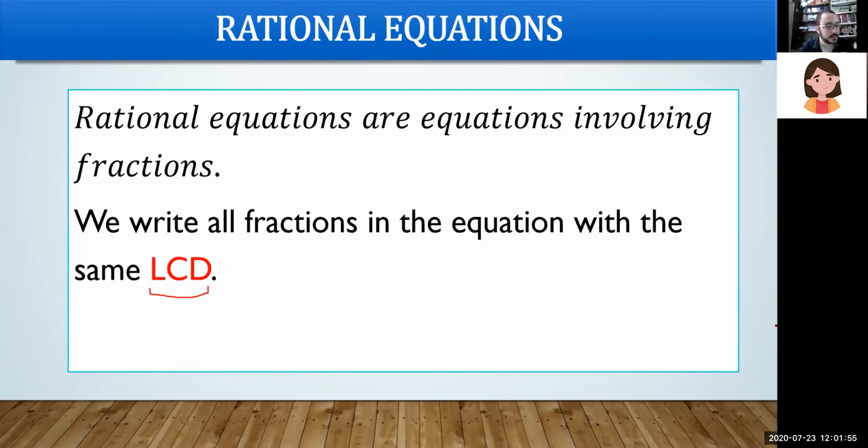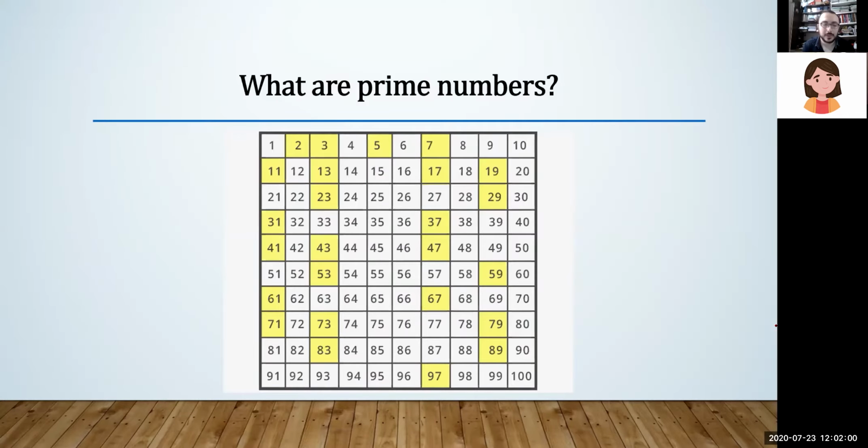So to find the LCD, we should first know the prime numbers. What are the prime numbers? Les nombres premiers. Do you know them by heart? No. They are in this table marked in yellow.